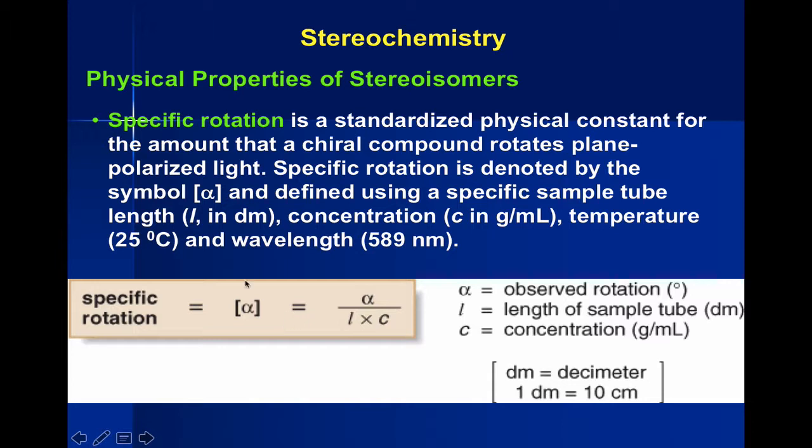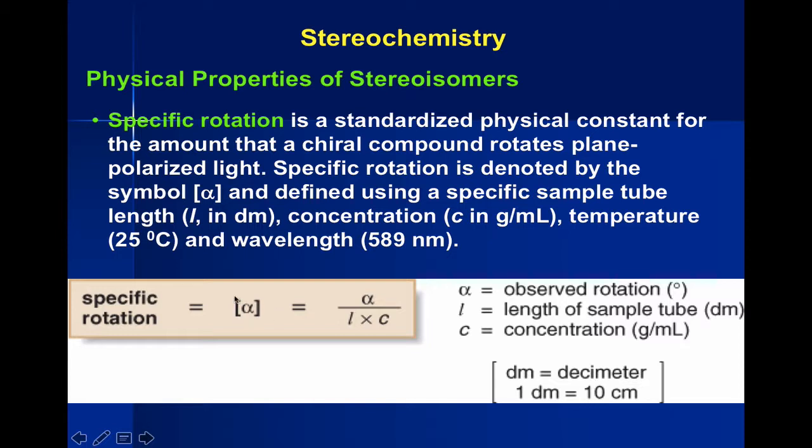The cool thing about this is that you can actually use optical rotation to help you determine concentrations of molecules that are chiral if you know these other values. So for example, in the sugar industry, it's actually quite common to use optical rotation to determine the purity of sugar samples that come into a manufacturing plant. So when they refine sugar, they want to make sure that it is pure.